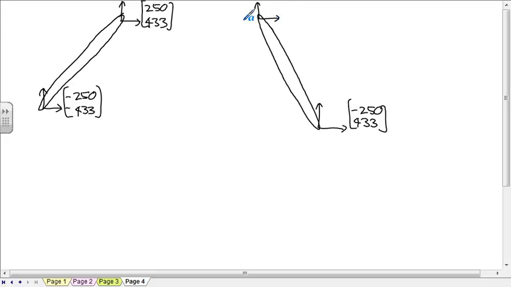And up here, this would be positive 250, negative 433.